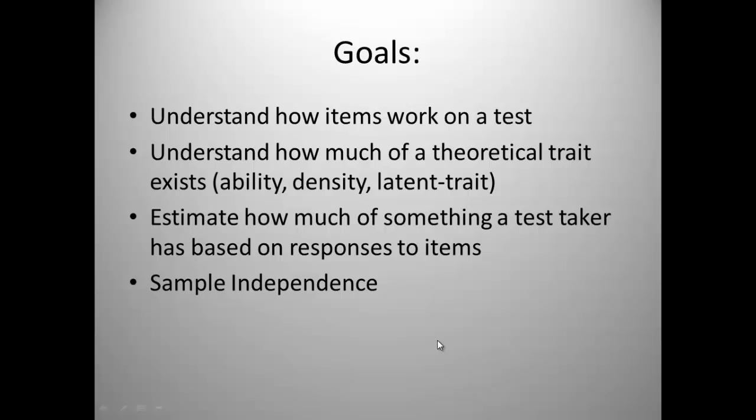So the population that they're from has absolutely no bearing on how they respond to those items and how they are scaled. That's item response theory's statistical gift to measurement work, is that we can make claims of sample independence in many cases, and that helps us know that our results are more reliable and more valid.